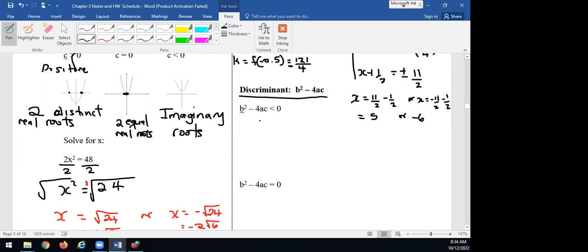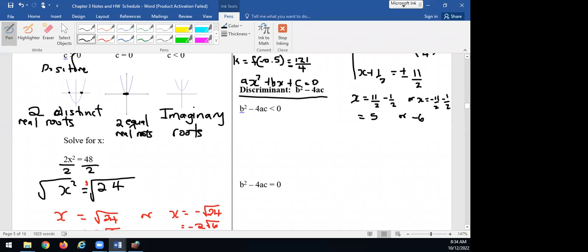Now, to find your discriminant, you use the formula b squared minus 4ac. Now, do you know where the b, the a, and the c will come from? It's coming from this format here where you have ax squared plus bx plus c. So the a is the coefficient of x squared, the b the coefficient of x, and then c is going to be your constant term.